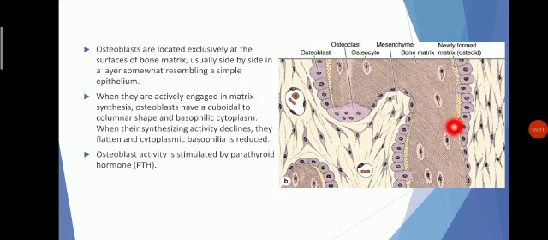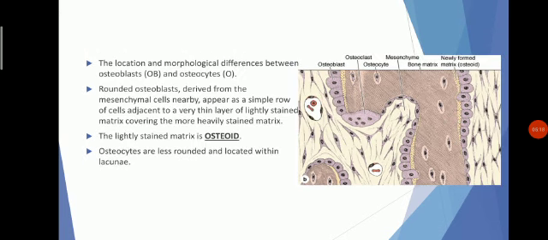This lighter colored area is the osteoid, newly formed matrix. As I discussed in the previous pictures, this is the osteoid, lighter color, and the osteocytes are less rounded and located within the lacunae.